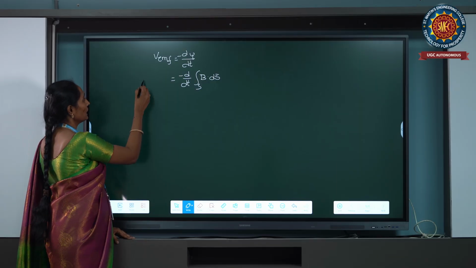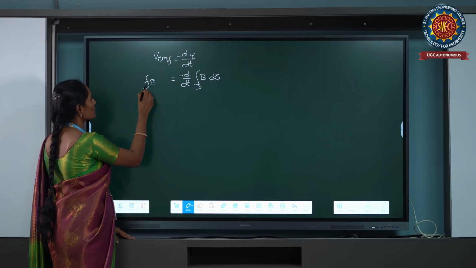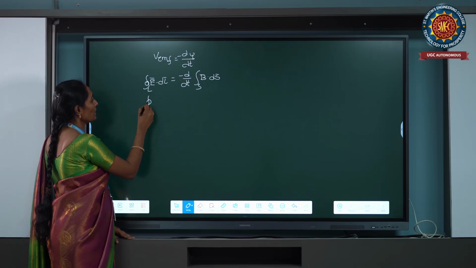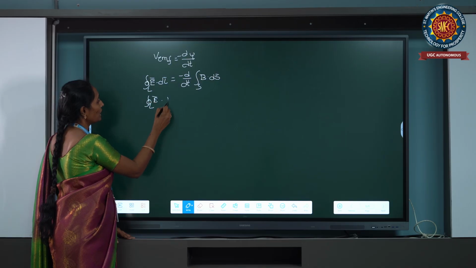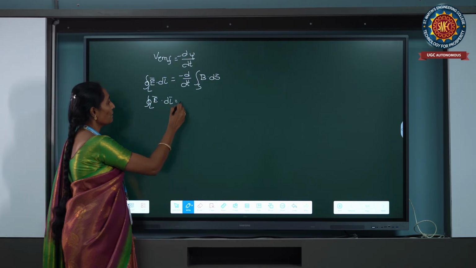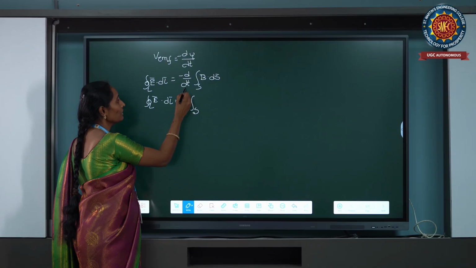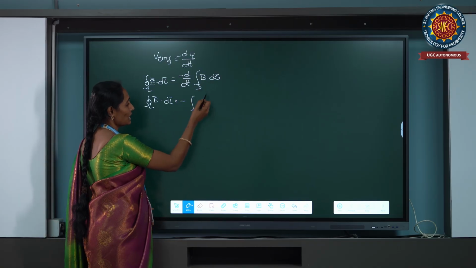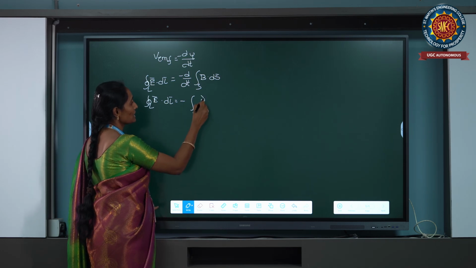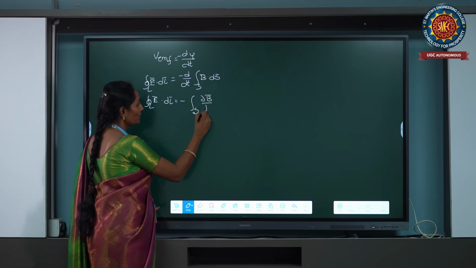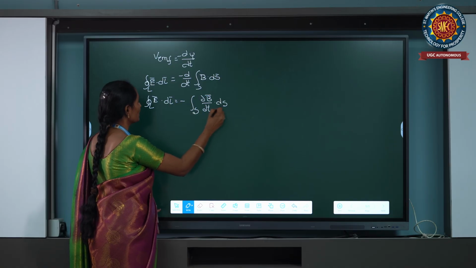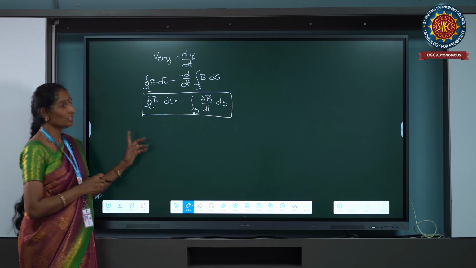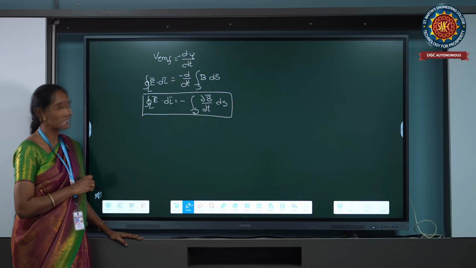According to this, EMF is equal to the closed line integral of E bar dot dl bar. So the closed line integral of E bar dot dl bar is equal to minus the surface integration of B bar dot ds bar, where the differentiation is moved inside the integral. So that is converted into partial differentiation, dou B bar by dou t into ds bar. This is the integral form of Maxwell's equation derived from Faraday's law.